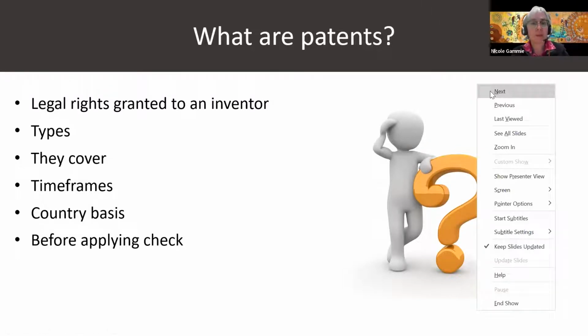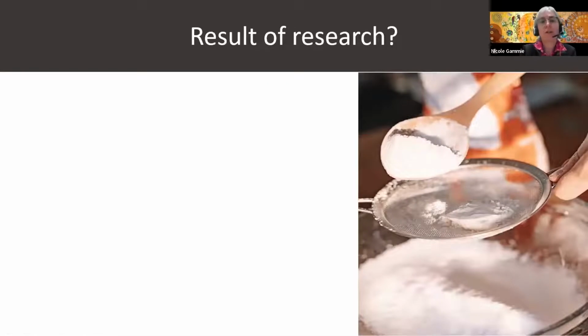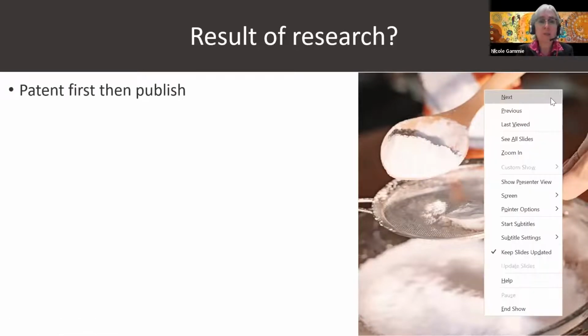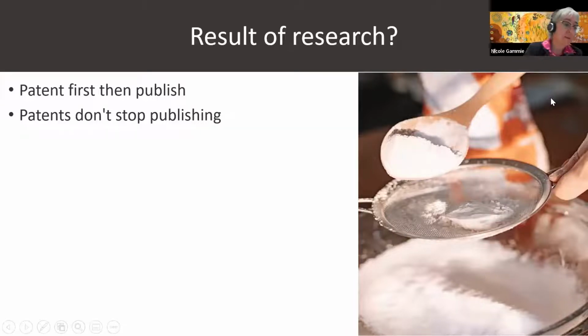Okay. So if your potential patent is the result of research, please make sure that you patent first and then publish, largely because once it's out in the public realm, and what we mean by that is in the public domain, so it could be a printed publication, a mention on social media or any other format, then it's very hard to protect your idea.